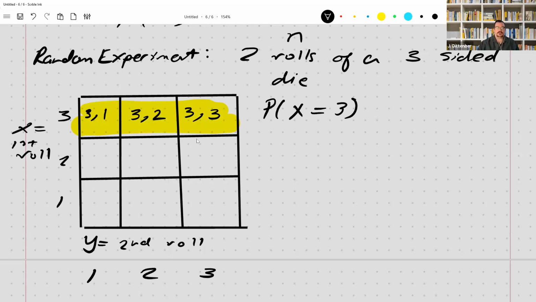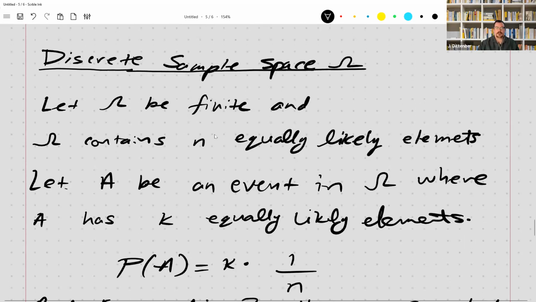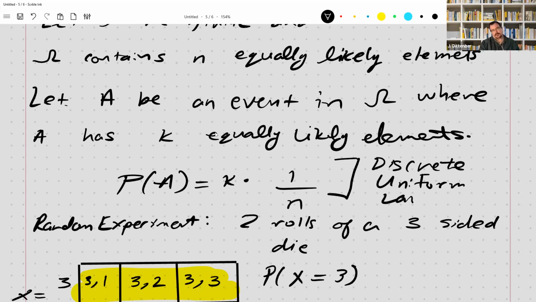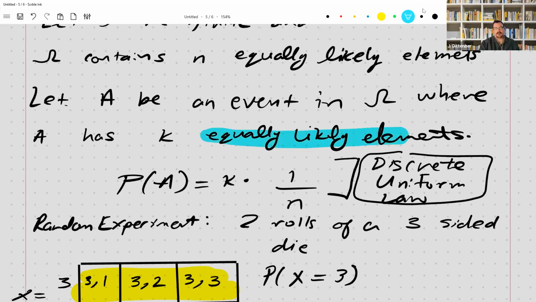According to this, by the way, there's a name for this. According to what we call the discrete uniform law, uniform is the important word here. One thing we have to really emphasize is that we have equally likely elements here.